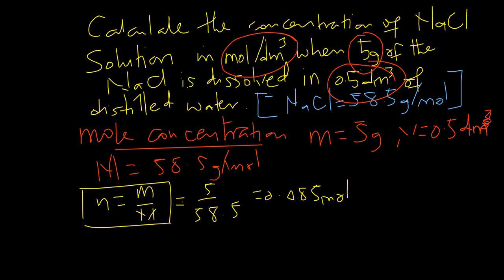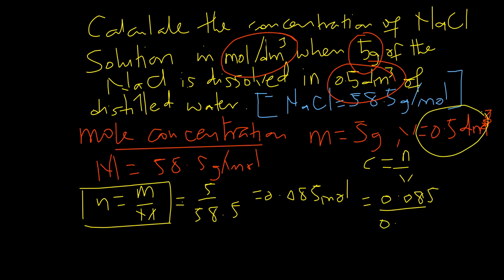Concentration is mole over volume. So we take the mole, 0.085, divided by the volume given to us, 0.5 dm cube. Remember, because the volume is already in dm cube, we do not need to do any conversions.